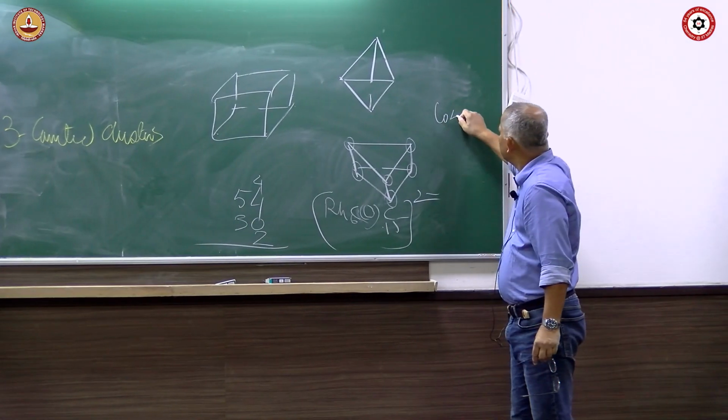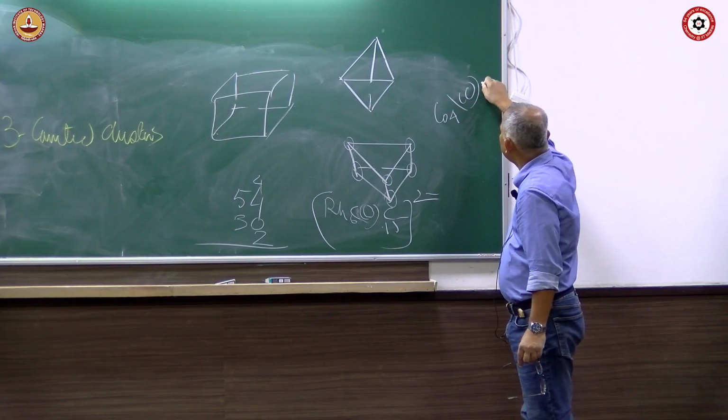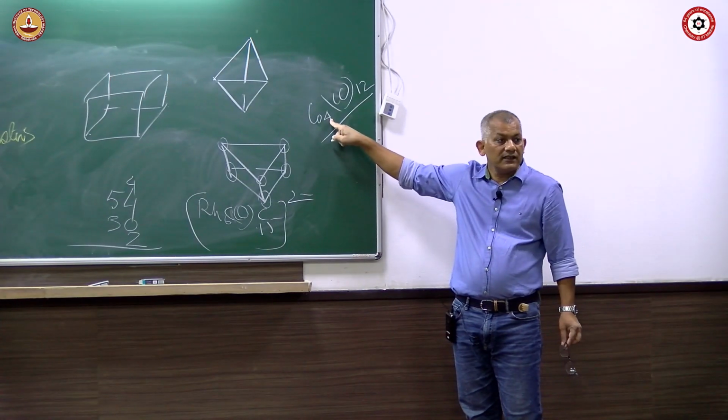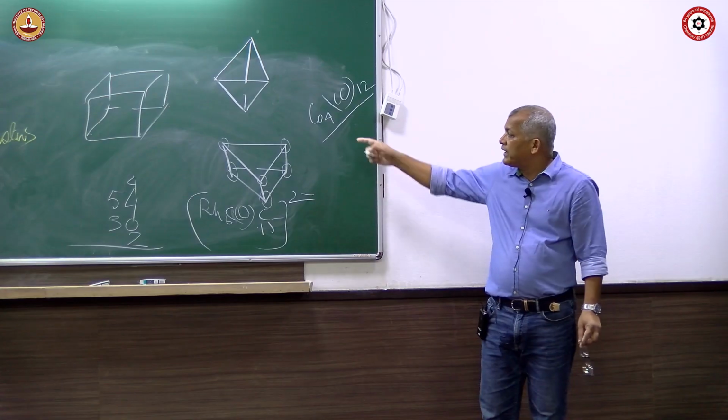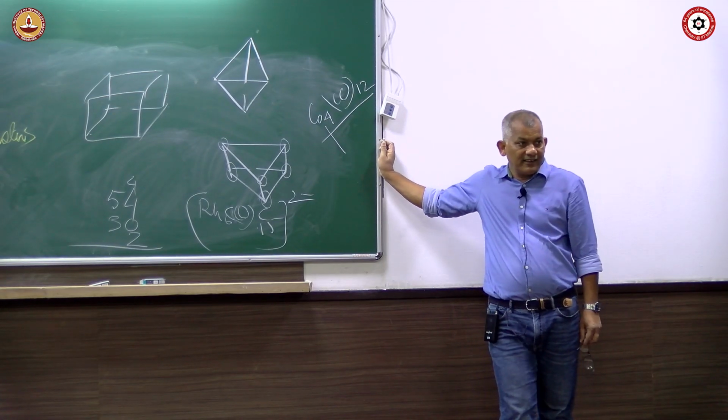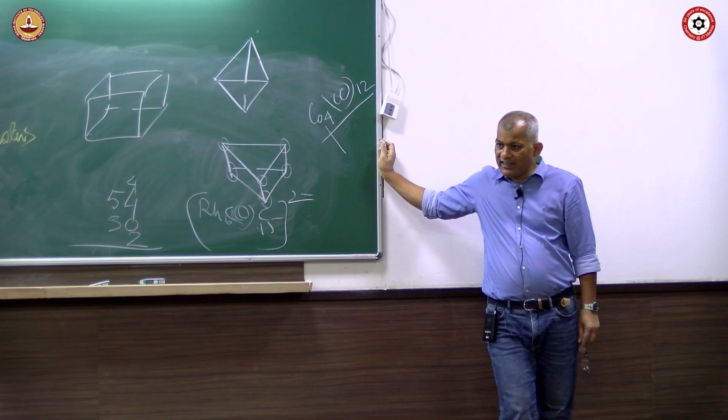What is the number? 60. What is n? What is the formula now? 15n, n equal to 4.